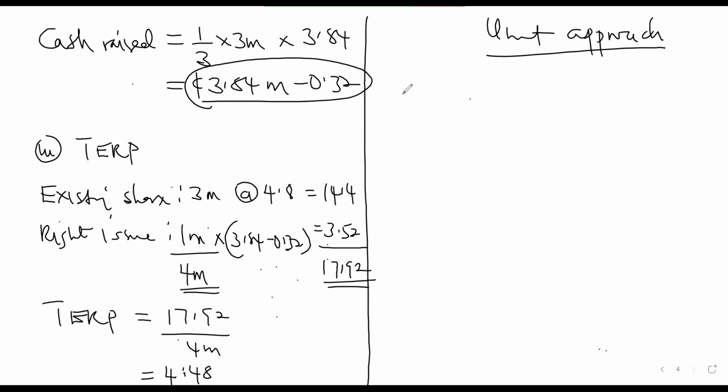Okay. So let's count the existing shares. How many of the existing shares are we bringing on unit level? It's 3. And these three are trading at 4.8, isn't it?